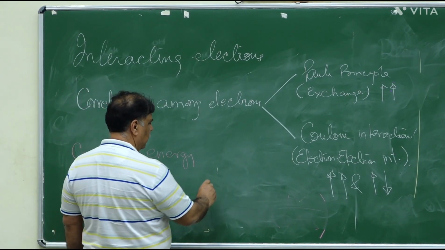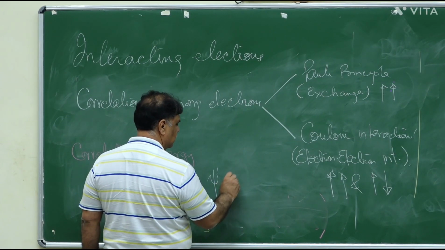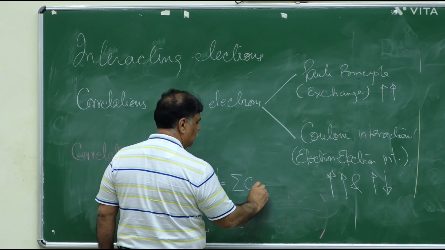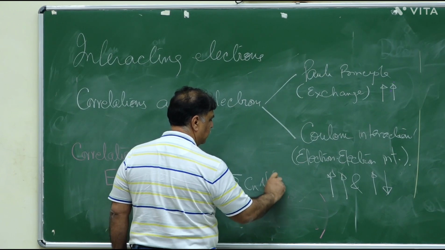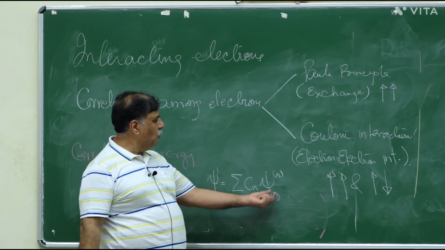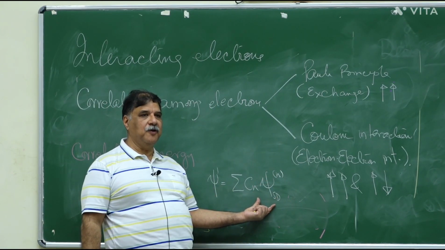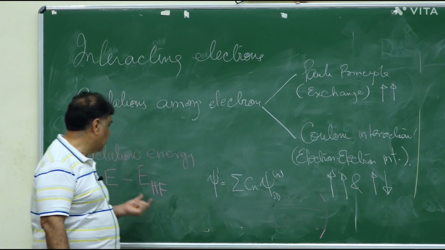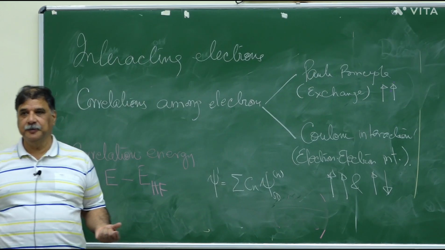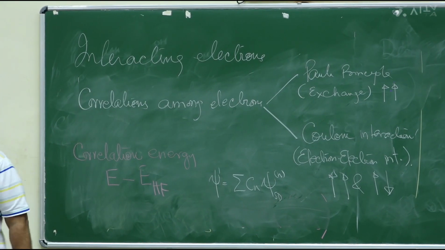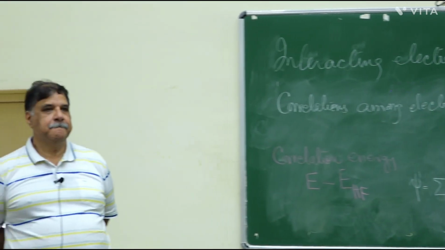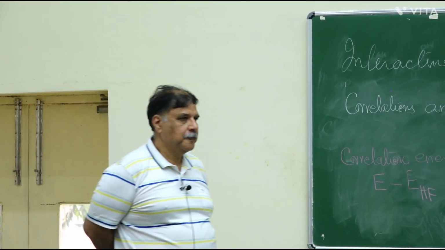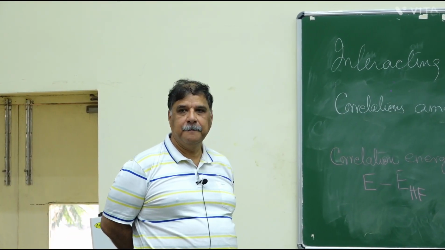So remember I said if I write the wave function, this would be a sum of C_n times Slater determinants. And if I take only one term, I get Hartree-Fock. Then you're improving it by including other configurations. That lowers the energy further by the variation principle, and that lowering is the correlation. Okay, any questions so far?